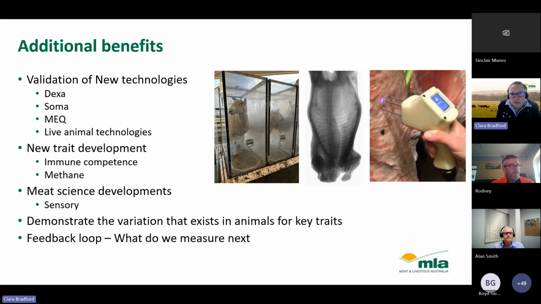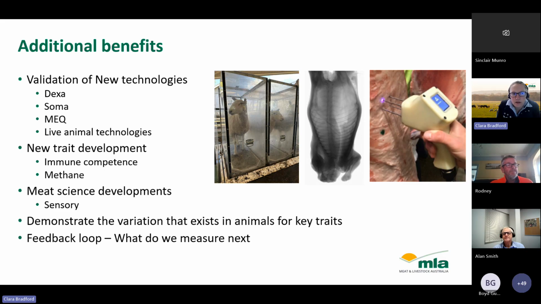So far, some of the released technologies like DEXA, SOMA, and MEQ have all been trialled and tested using resource flock carcasses and animals. And more recently, we've been using those animals to test live animal technologies for measuring IMF and muscle and fat traits on the live animals as well.